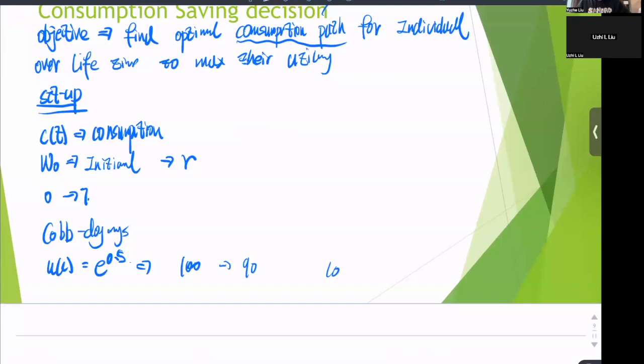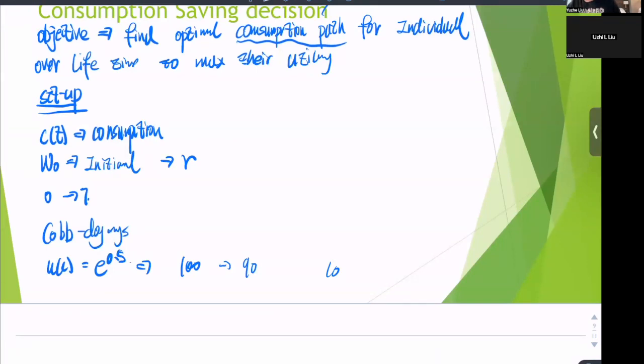So it's decreasing, just like Cobb-Douglas functions. That's how humans measure utility over consumption, so it's the most representative one.